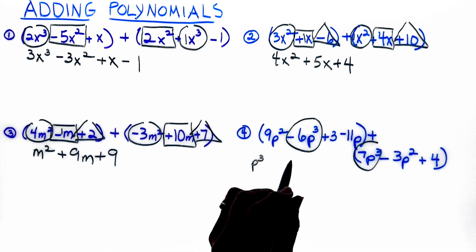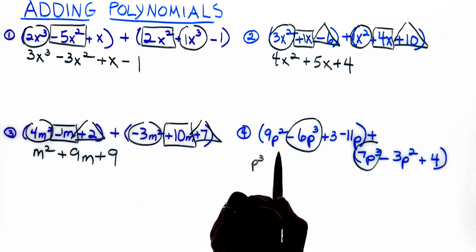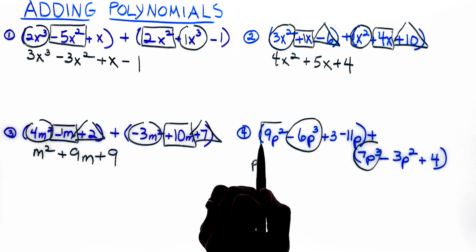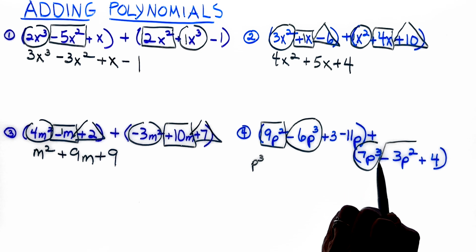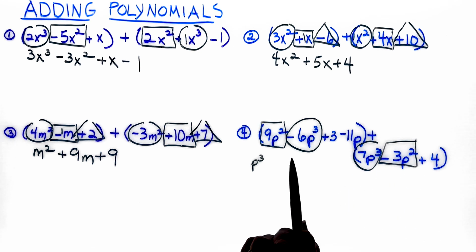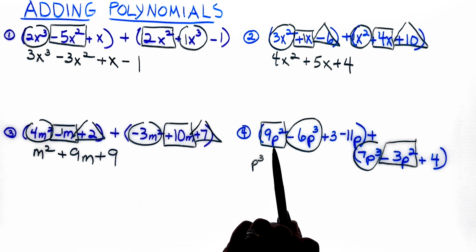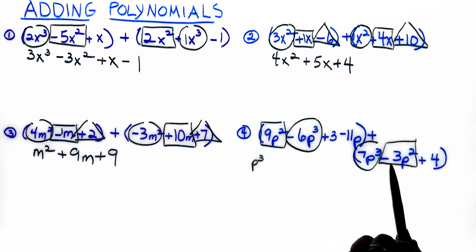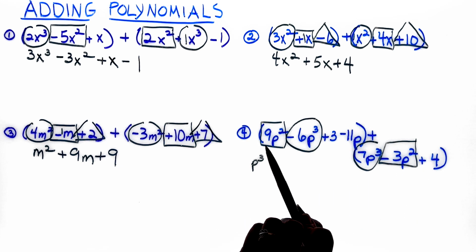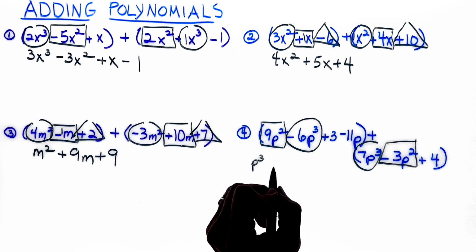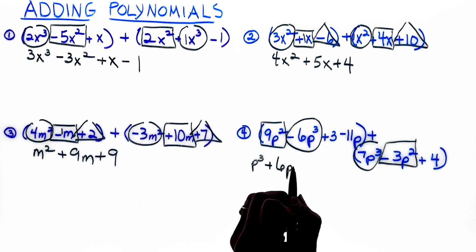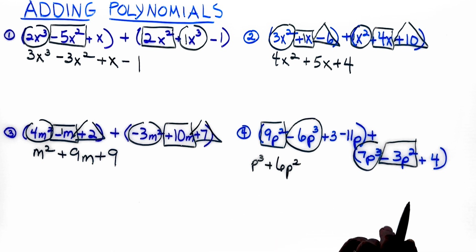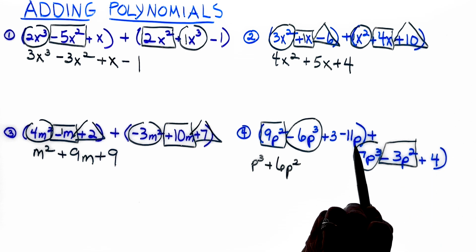So I'm looking now, I have a p squared here. I'm catching it. And I have a p squared here, and I'm catching that negative sign. So I have a 9p squared and a negative 3p squared. So 9 minus 3 is a positive 6. I'm writing plus 6p squared. I'm looking now, do I have another 11p?